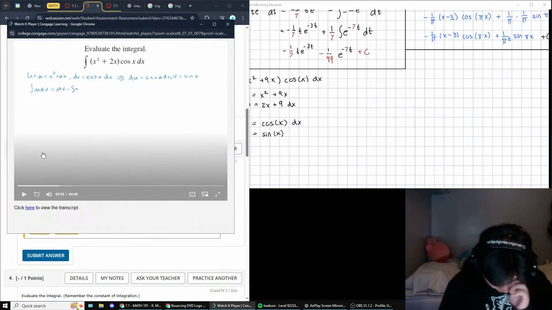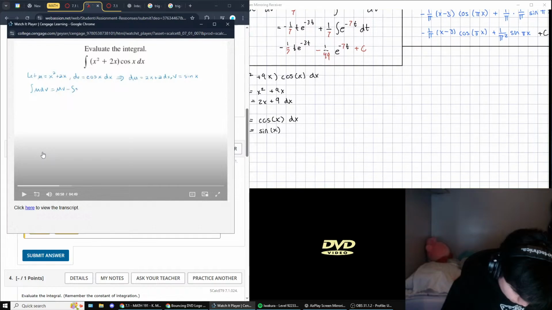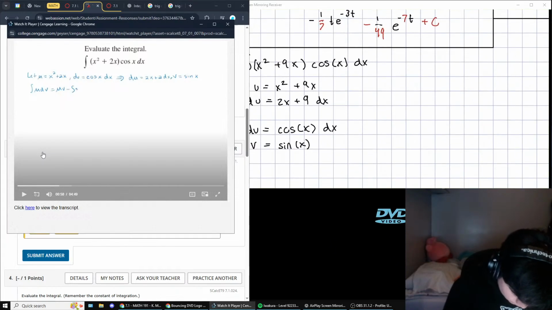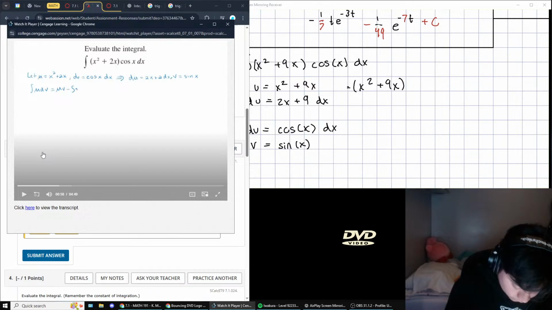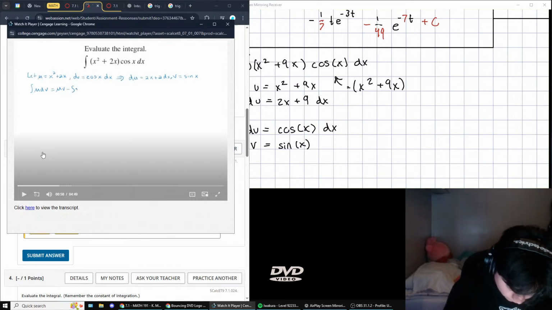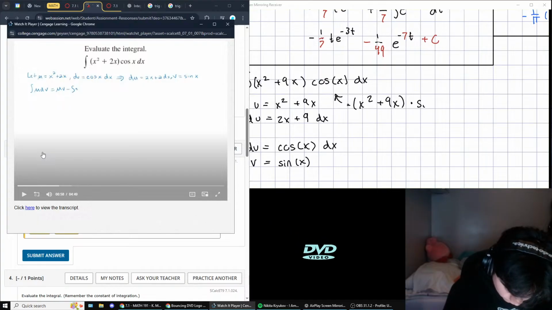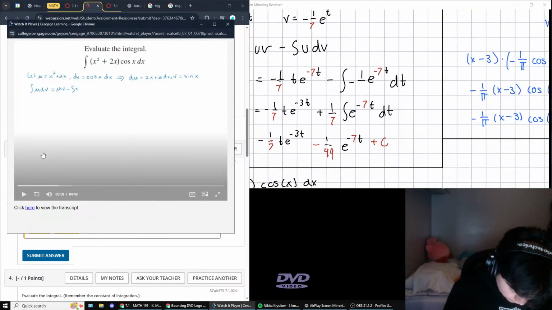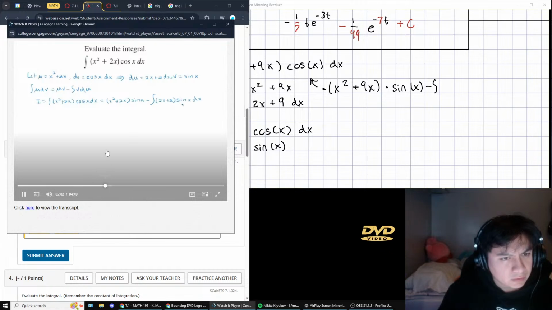So then implementing that into our integral, we have x squared plus 9x times sine x, u times v, minus the integral of v du. Of v, so we have parts again.